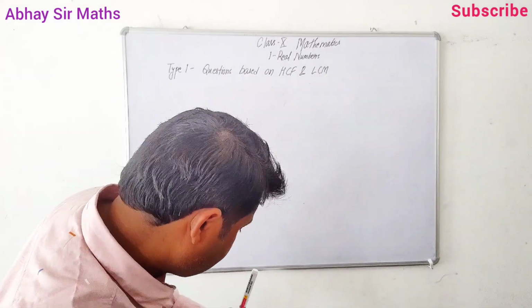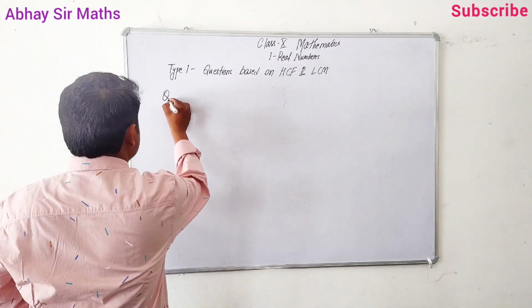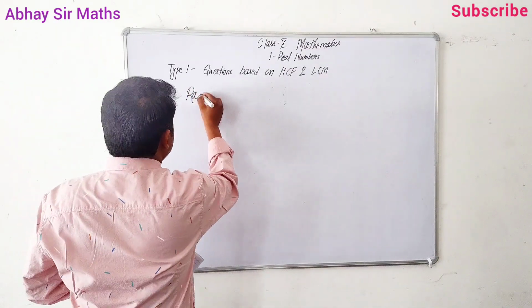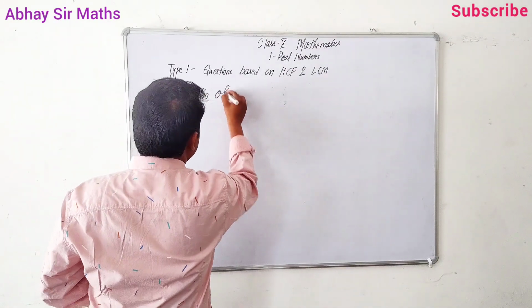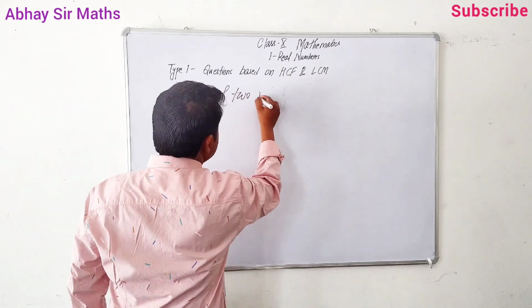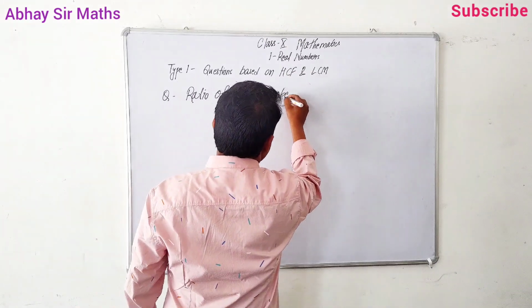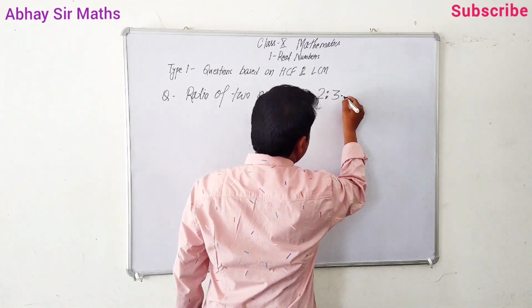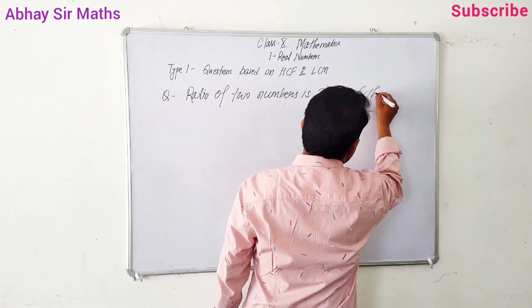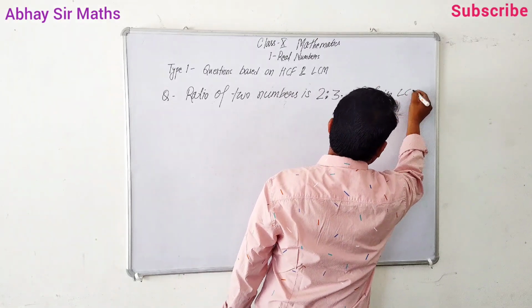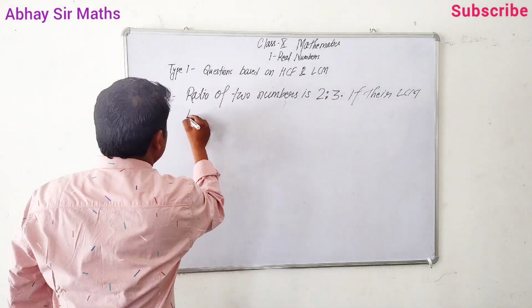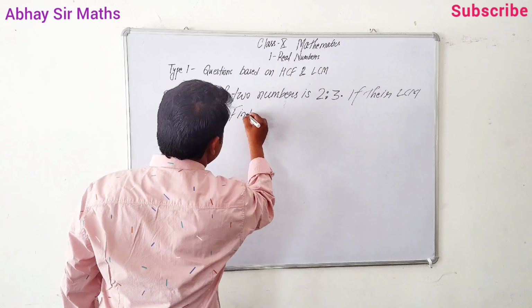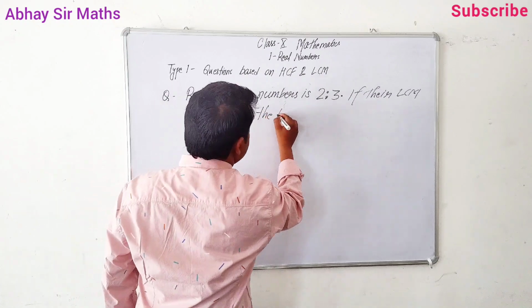So the question is, ratio of two numbers is 2:3, if their LCM is 180. Find the HCF.